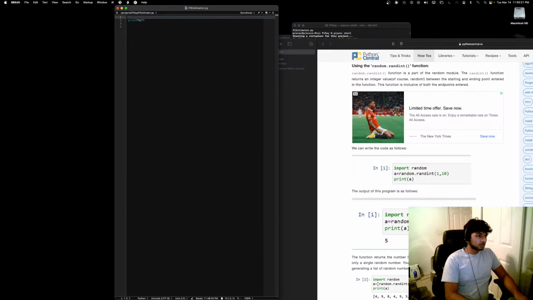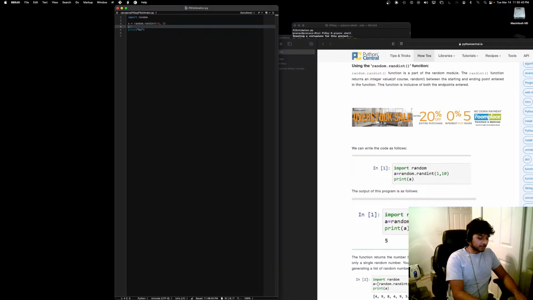So, import random. Then random.randint; we want a random integer from -1 to 1, and that is going to be our x value.